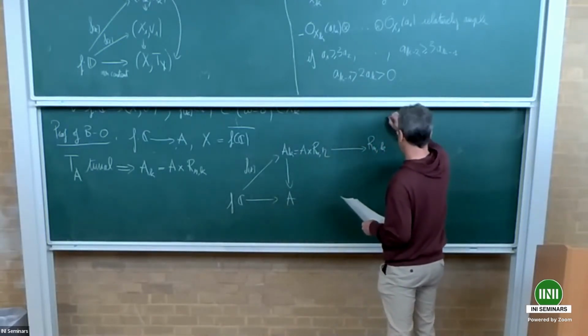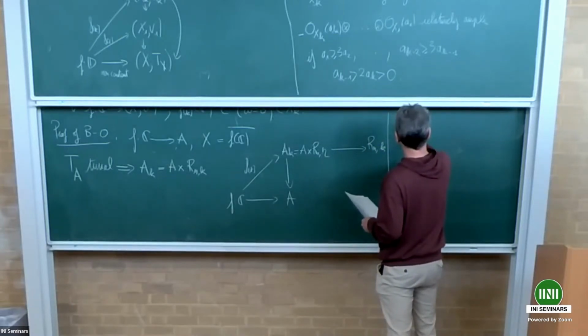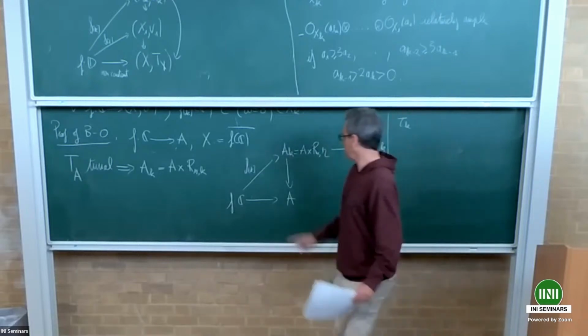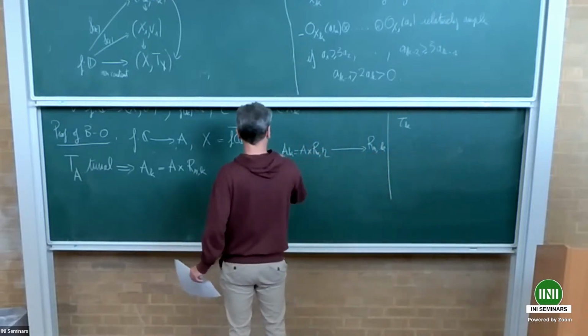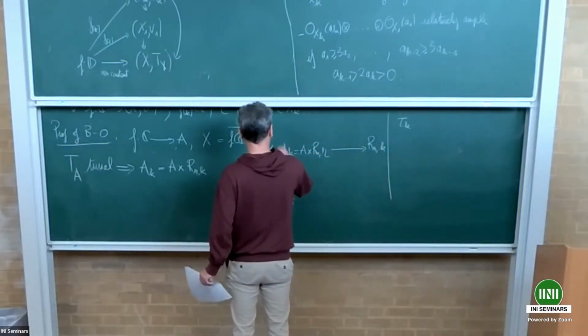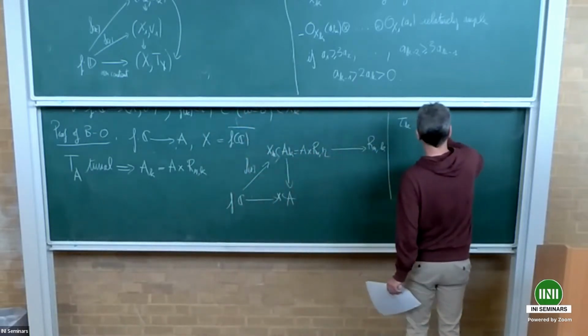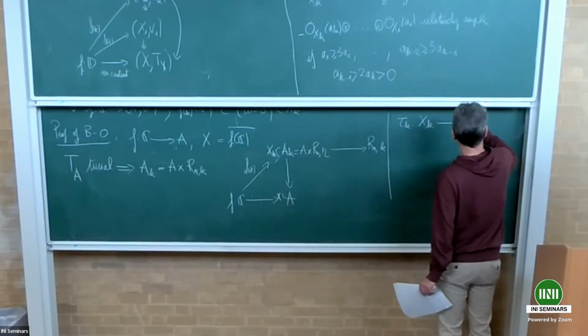And so you can consider the map tau_k, which is the restriction of X_k to this.